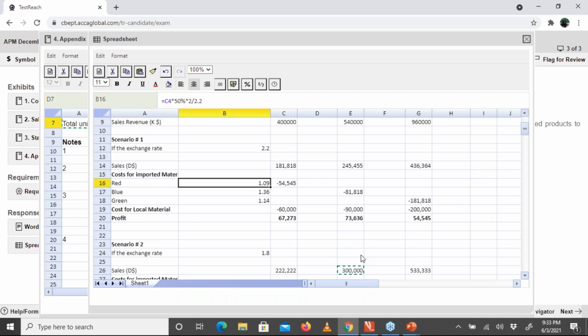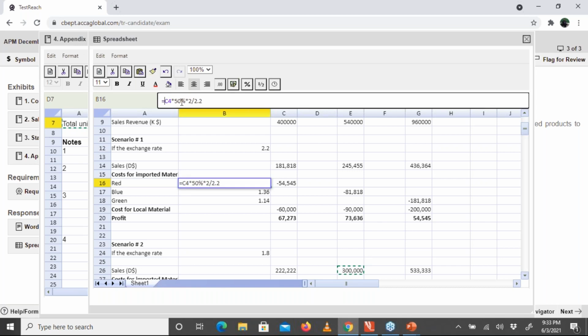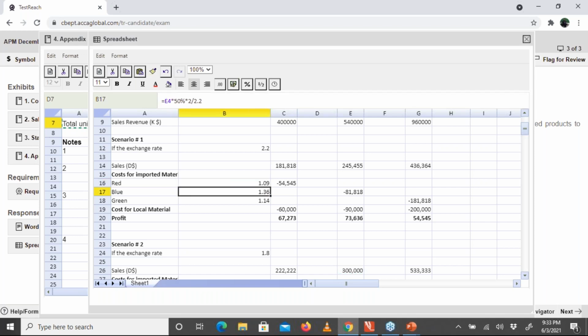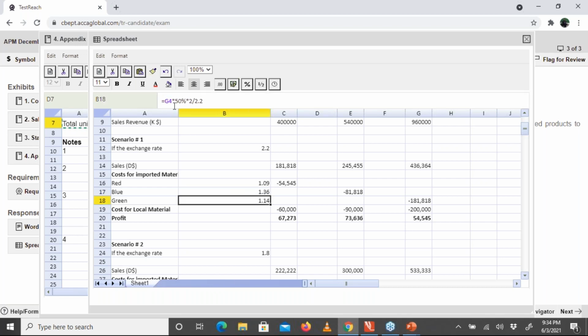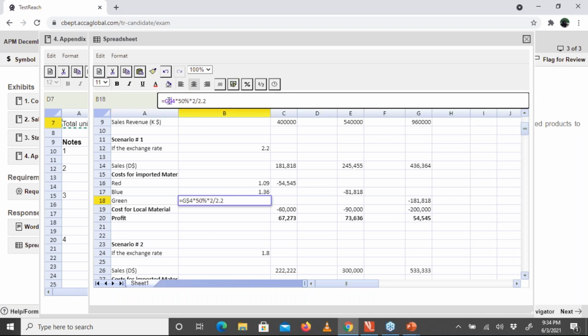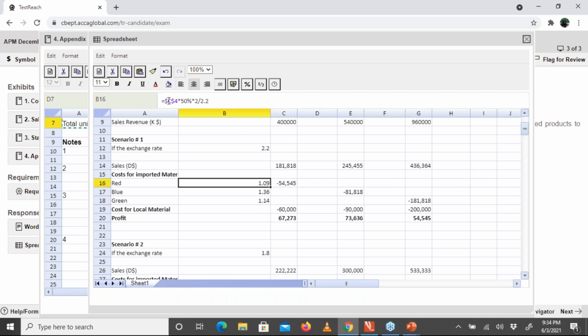Now, this whole calculation, I would say it has to be dollar and then dollar, because if your examiner is giving you a spreadsheet, you've got to use the copy paste function to the best of your capability. That's what time management is all about.